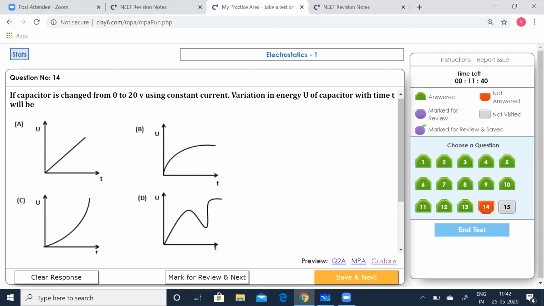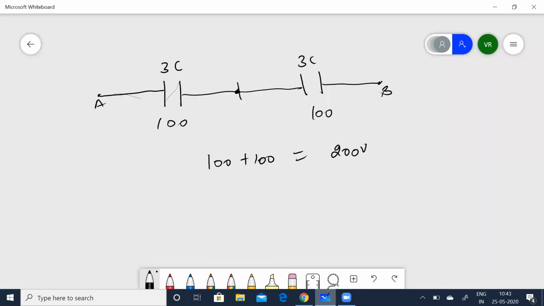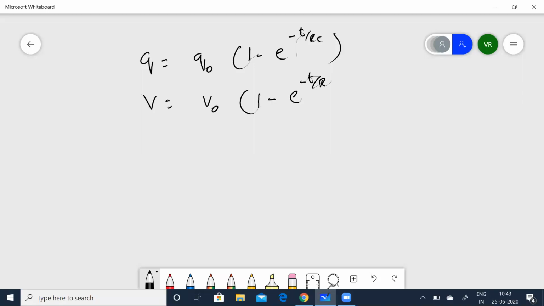At any instant, Q is equal to Q0 times 1 minus e raised to the power of minus t by RC. Same way, V is equal to V0 into 1 minus e to the power of minus t by RC. Can you remember this formula? Now U is equal to half CV squared.